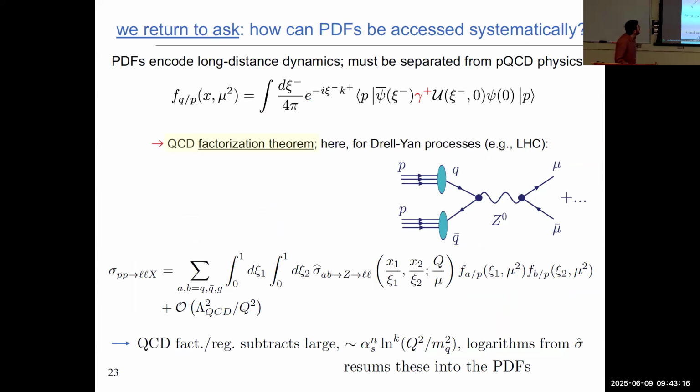Just to return to the question, how exactly are the PDFs accessed systematically in a global fit? Again, I'm somewhat rehashing what I mentioned before. I have some formal definition for the PDF that I try to parameterize, and then I have some kind of factorization theorem. For Drell-Yan, the factorization theorem very closely resembles that for deeply inelastic scattering.